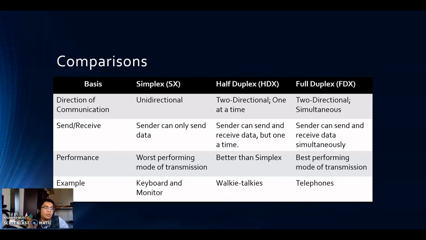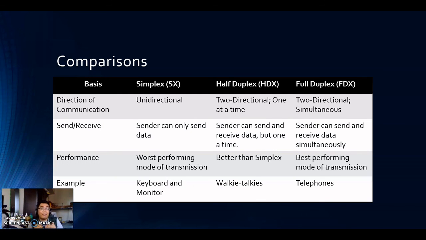Just like the full duplex, the direction of communication of HDX and FDX is two-directional. However, the difference between HDX and FDX is that in HDX, the direction of communication might be two-directional, but it can only occur one at a time.